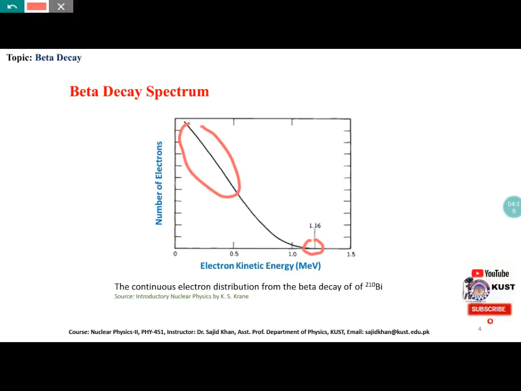So the question is, if electrons are coming with smaller energies, then where is the missing energy going? So this was a puzzle in nuclear physics for a very long time, and it was solved later on, and in the next slide I discuss that.